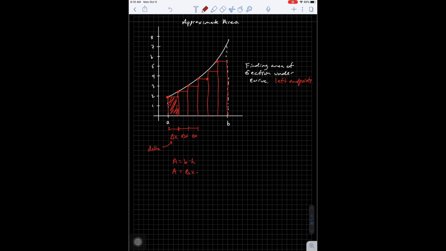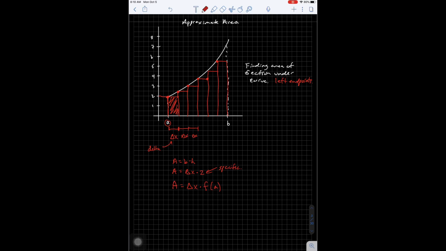So I take the x value of a, and figure out what is the function value at a. And in my picture, it would be 2. That's a specific height for this problem. But the way that we write that generically is we say it's delta x times the function evaluated at that first point, which is a. Okay.